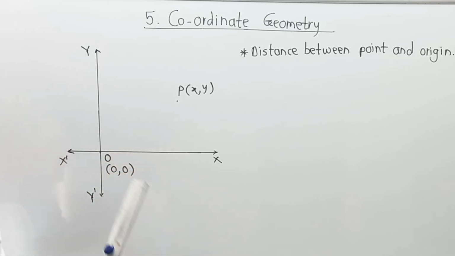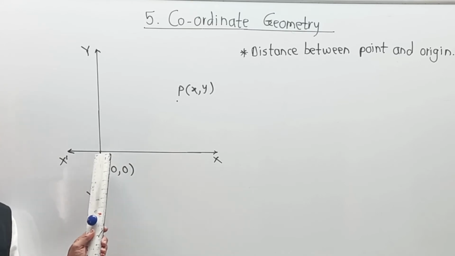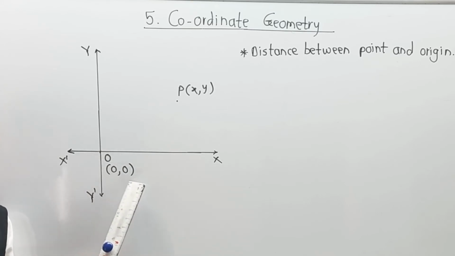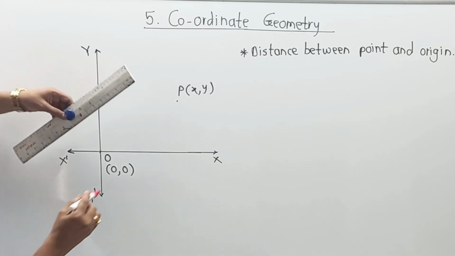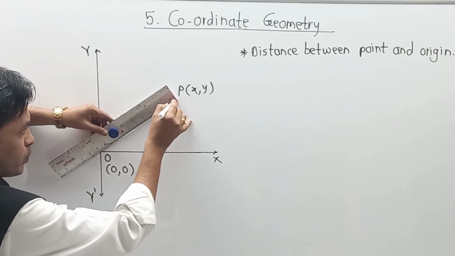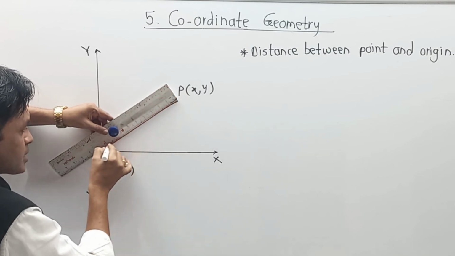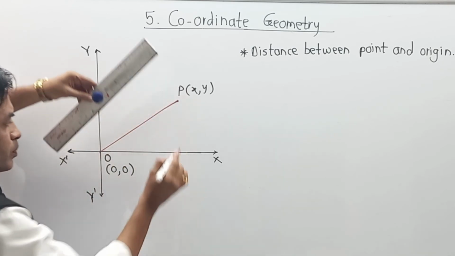We very well know that the origin has its coordinate x as 0 and y as 0. And now our target is to calculate the distance between P and O.